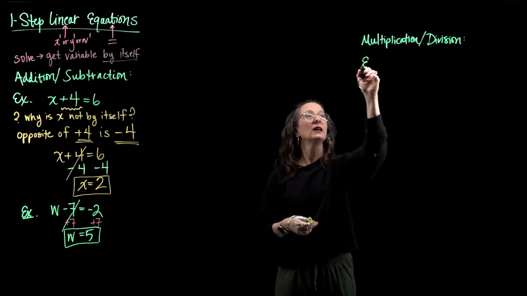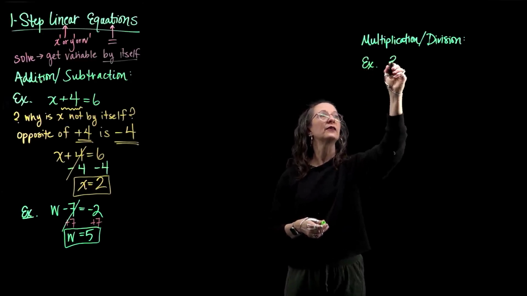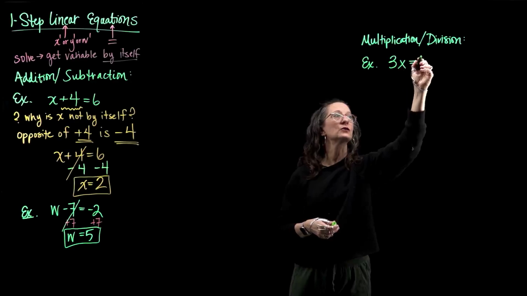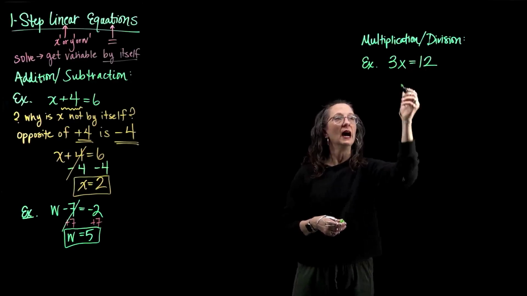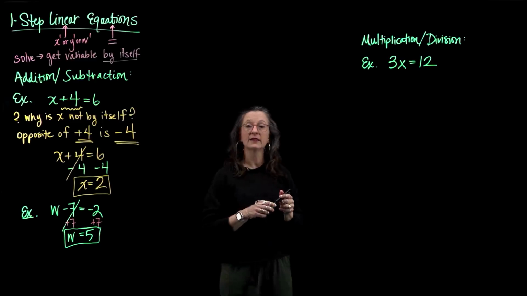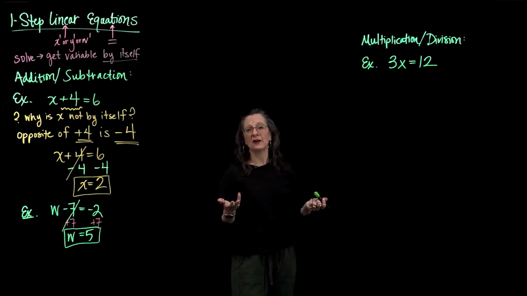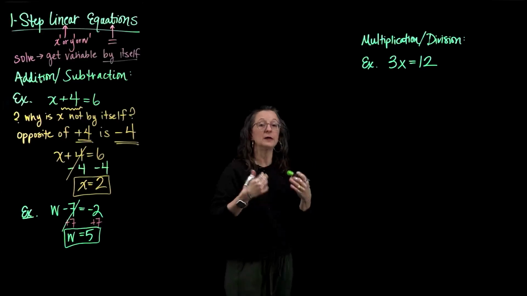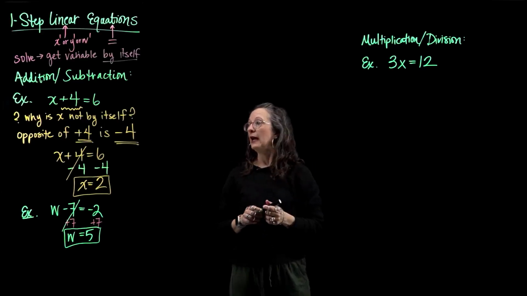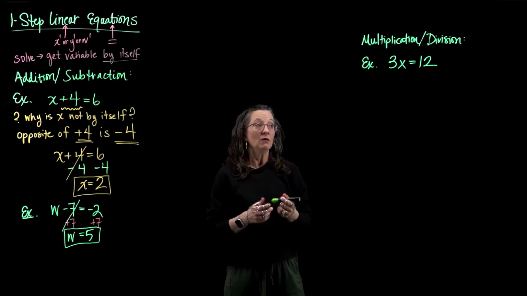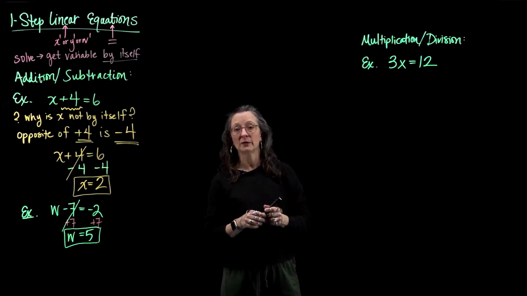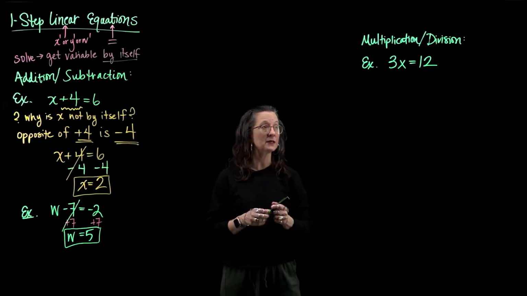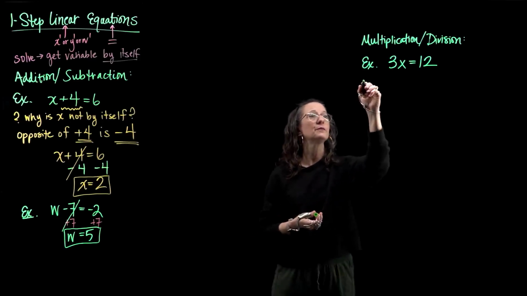So if I look at an example and I have 3x equals 12, I can take a look at that x and say, well, it's not by itself because it's being multiplied by 3. And so how do I undo multiplying by 3? Or what is the opposite of multiplied by 3?